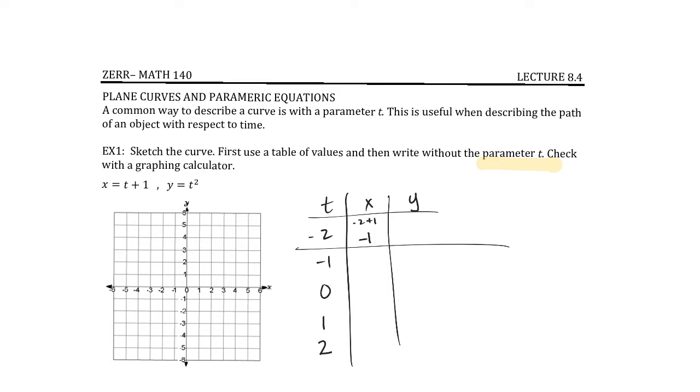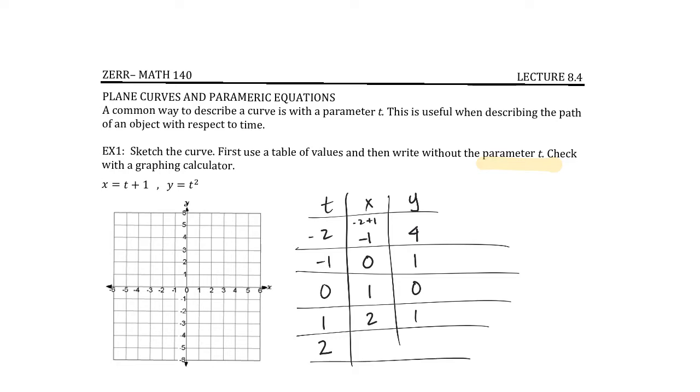And for our y, we would get -2 squared, which would be 4. Here we would get 0 for x when we plug in -1 for t, and for y, -1 squared is 1. Here we would get 1 if we plugged in 0 for t, and 0. And then for t equals 2, t plus 1 would be 3, and t squared would be 4 for our y.